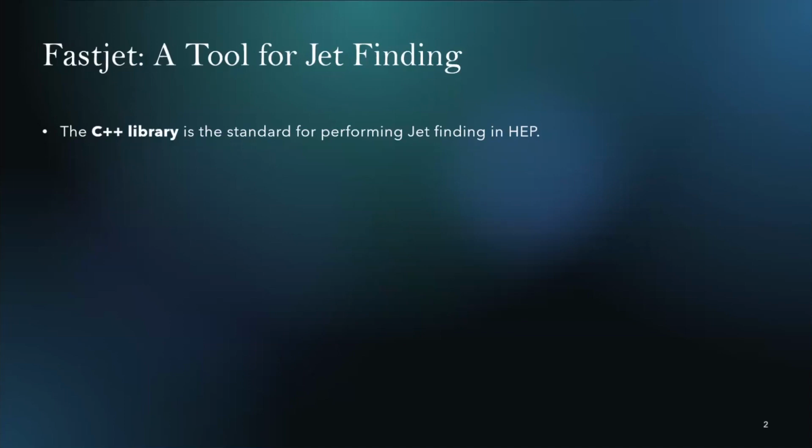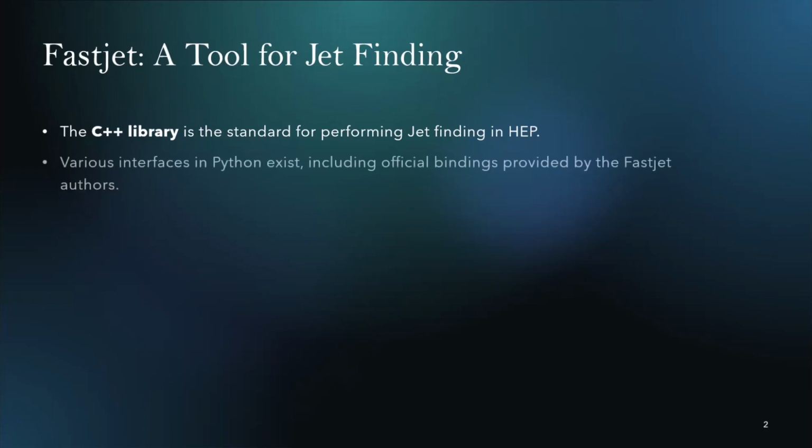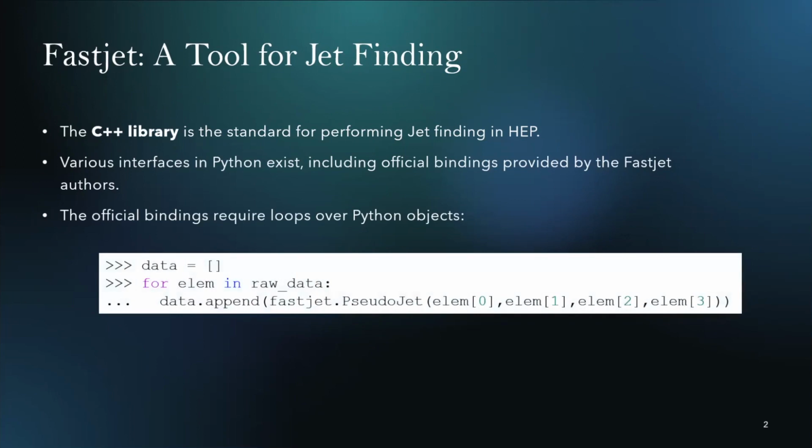Fastjet is a tool for jet finding in C++, and it's a really popular library. In fact, it's so popular that there are multiple interfaces for it already available, including the official bindings provided by the fastjet authors themselves. Let's look at those official bindings. Here you can see that they require you to go over Python objects and loops.